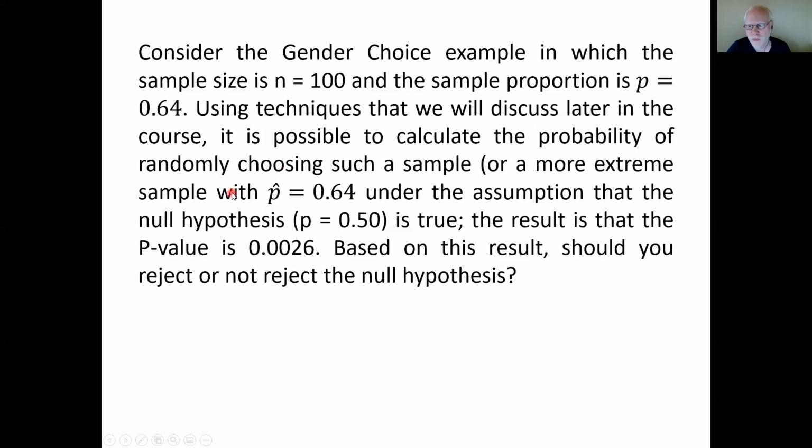So in one sample of all the possible samples of size 100, you get the proportion 0.64. There's only a 0.0026 probability value that you'd get a proportion that extreme when the null hypothesis is 0.5. Based on this result, should you reject or not reject the null hypothesis? So think about it for a few seconds and then write down what you think, and then we'll take a look.